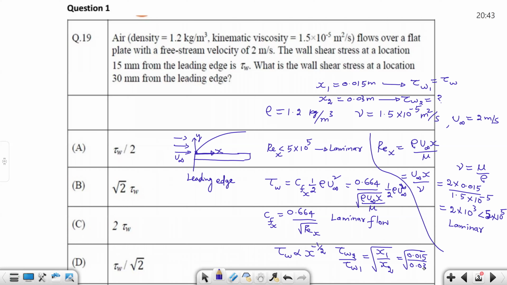W1 is W. So this will give you 1 by root 2 W. So this answer is D. D is the answer for this question.